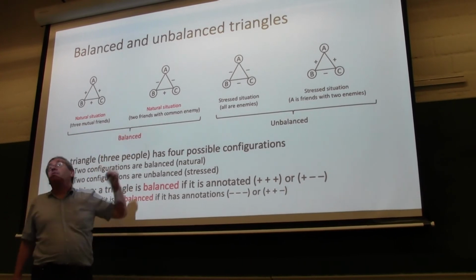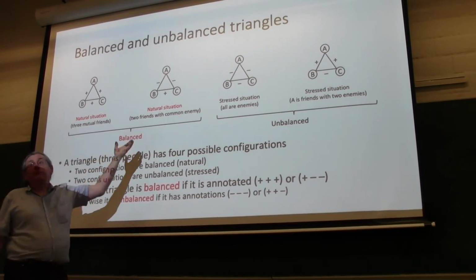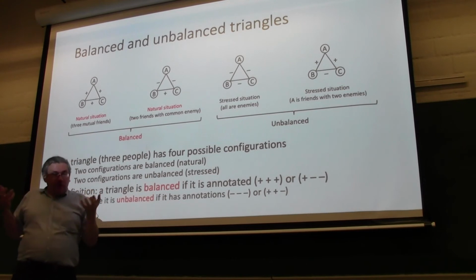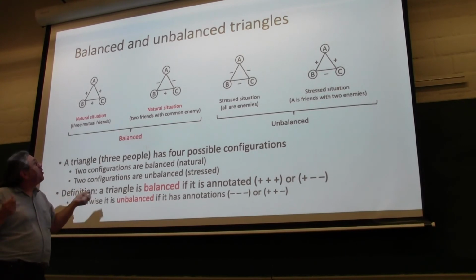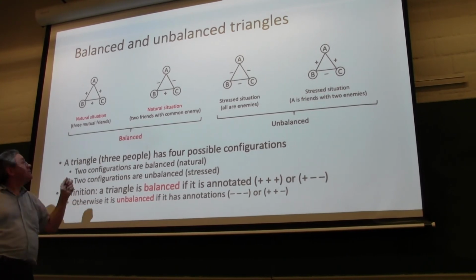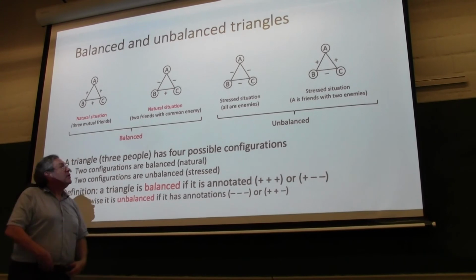But B and C are friends. This is actually balanced, because nothing is pushing this to be changed. B agrees with C, C agrees with B, and they both agree to hate A. So this is also balanced.